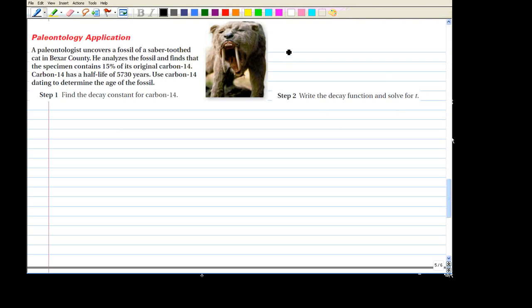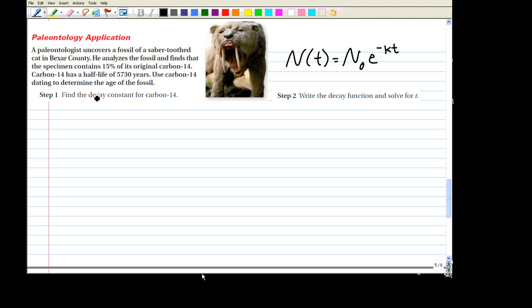So just a reminder, that function that we just learned was N of T, our final amount, will equal our original amount times E to the negative K, our decay constant, times T. So, whenever you are looking for the decay constant and you are given the half-life, this part is a little strange to think about, but don't overstress it here. We'll compare what we used to have, the 100%, to what we have now, which is 50%, or half.